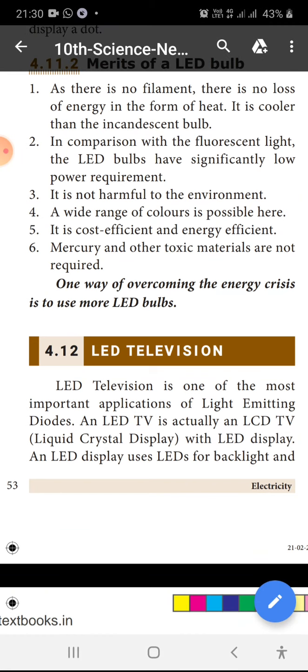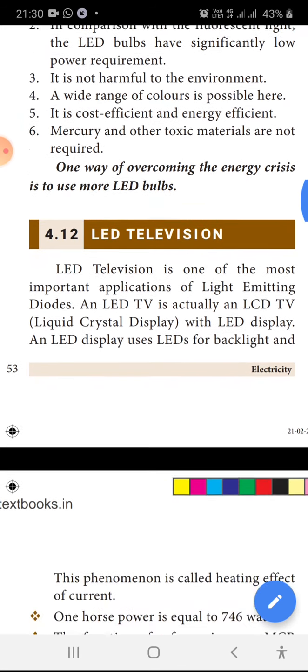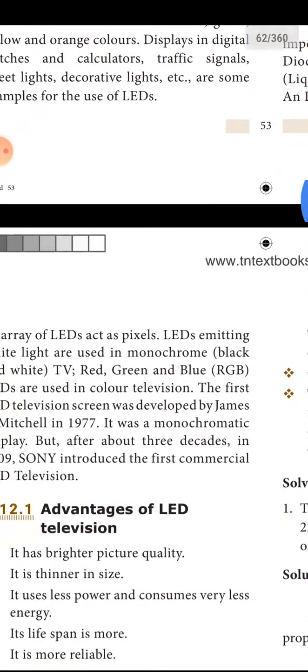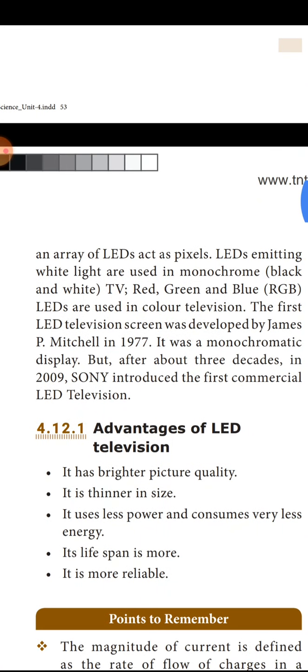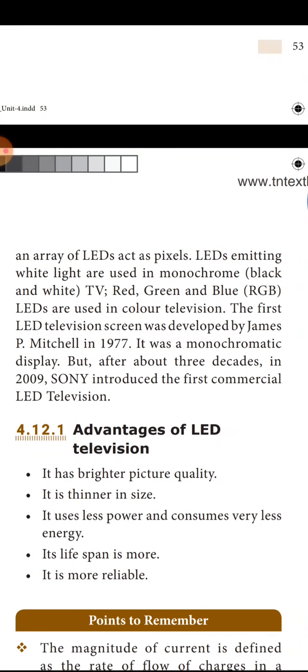An LED display is an LCD with LEDs used for backlight. An array of LEDs act as pixels, colors and small units. LEDs emitting white light are used in monochrome, black and white TV. Red, green, blue, RGB LEDs are used in color television.